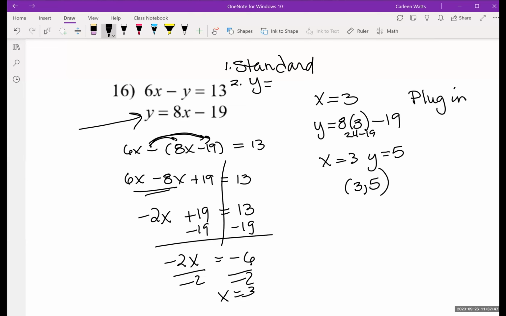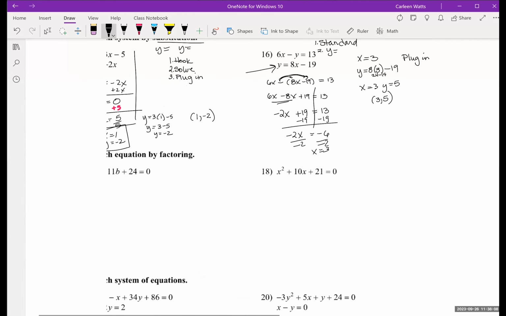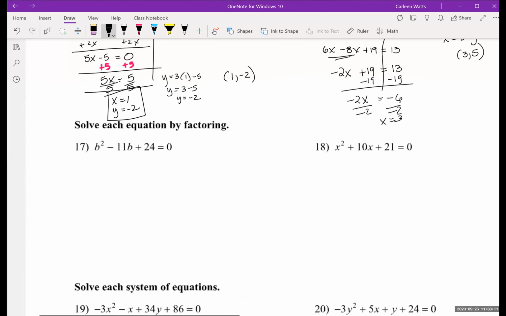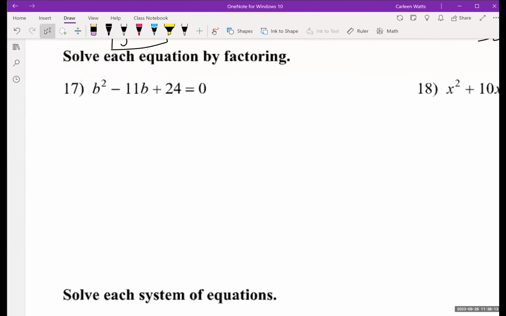So, new material, factoring. Last week, we reviewed solving by elimination and the two types of substitution. Number 17.